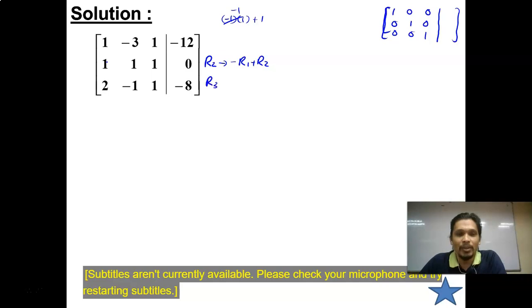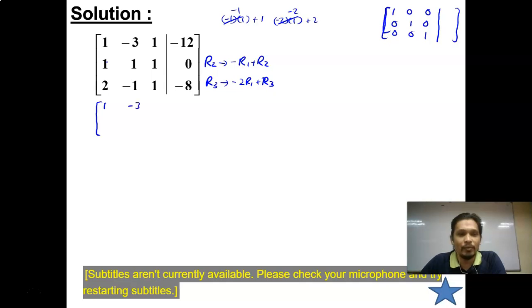The new R3 is negative 2R1 plus R3. Negative 2 times 1, and then plus R3, which is 2. So negative 2 plus 2 equals 0. That's it. So that is the instruction for row 2 and row 3. Nothing changed in row 1, so just leave it.